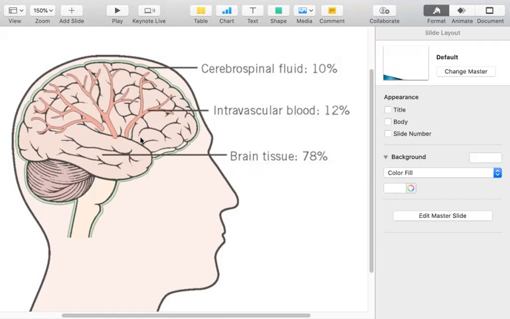What does brain tissue do to compensate when pressure in this cranium builds up? It could be building up because of cerebral edema. It could be building up because of bleeding. When the pressure increases in here, what does brain tissue do? All it can do is act like a sponge.